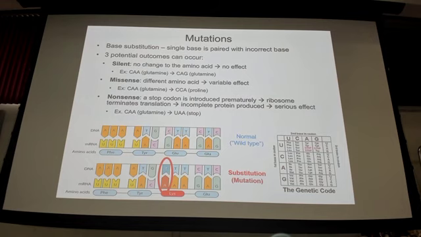In wild type, which again just means normal, you have this perfect matching of complementary nucleotides from mRNA with that DNA sequence, which would be a gene that's being copied. And then you have a corresponding code of amino acids that are put together to form some functional protein. When you have a single nucleotide substitution, let's say instead of a cytosine, you now have thymidine, like that polymerase screwed up and put in the wrong nucleotide.